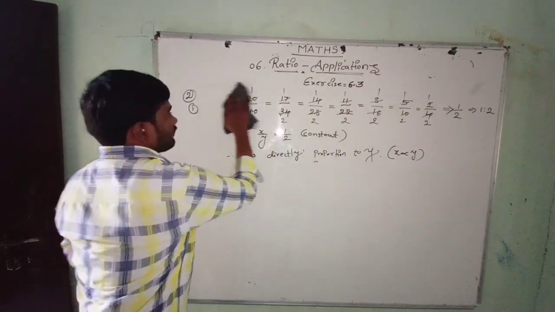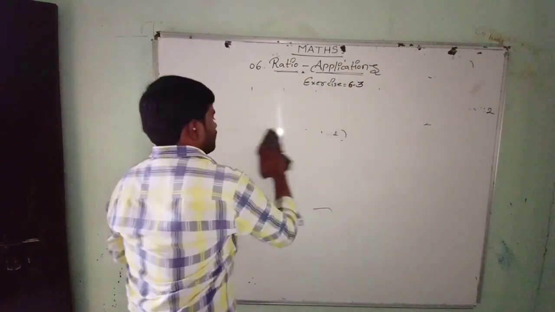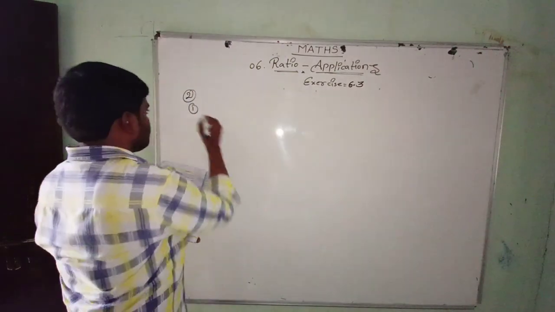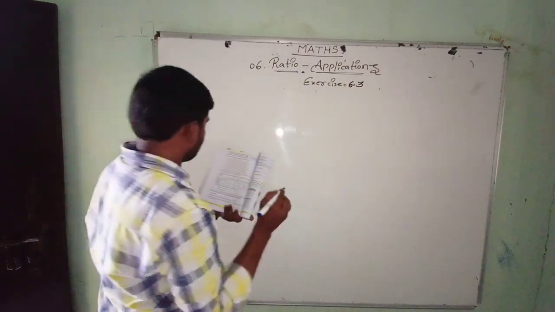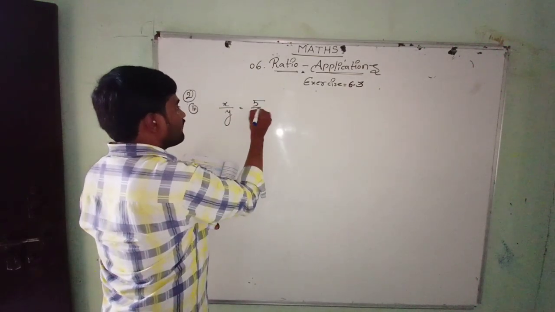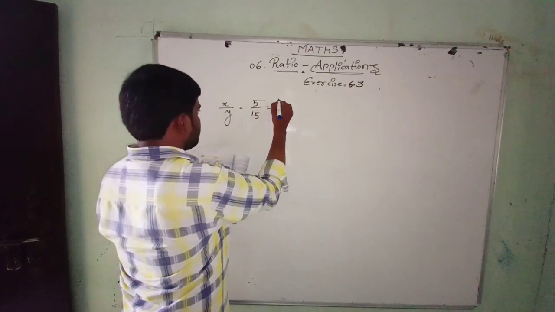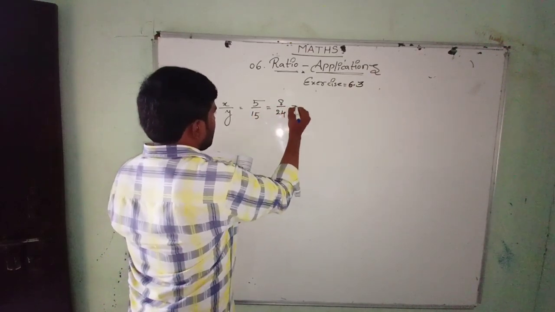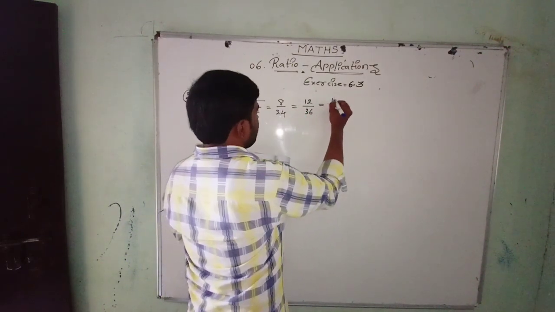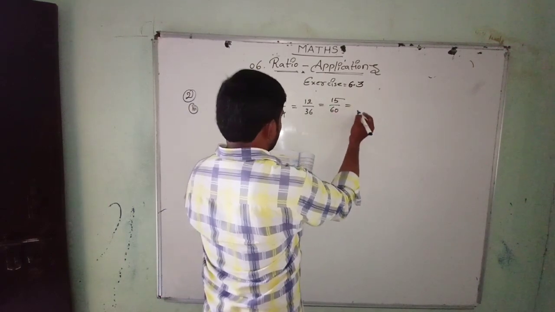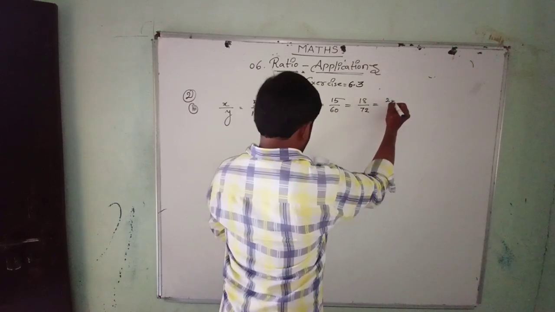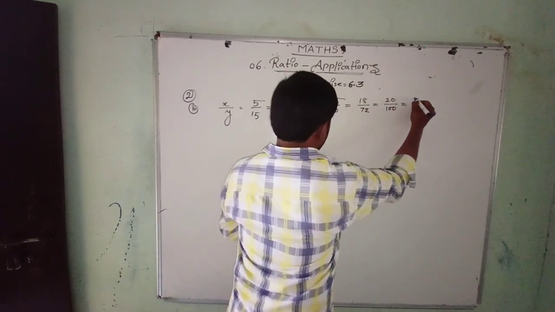So now next, third one, x by y that equal to 5 by 15 is equal to 8 by 24 is equal to 12 by 36 equal to 15 by 60 equal to 18 by 72 equal to 20 by 100 equal to 25 by 125.